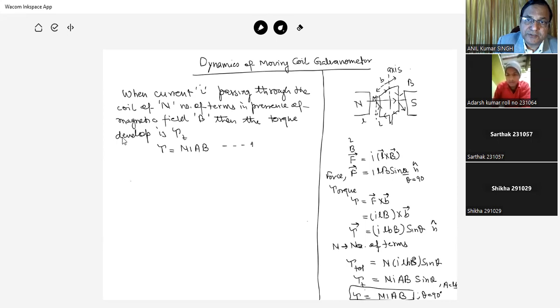This is the first equation of the dynamics of the galvanometer.